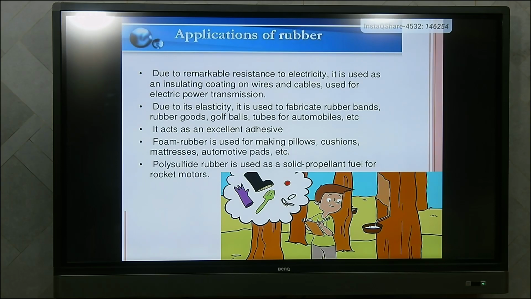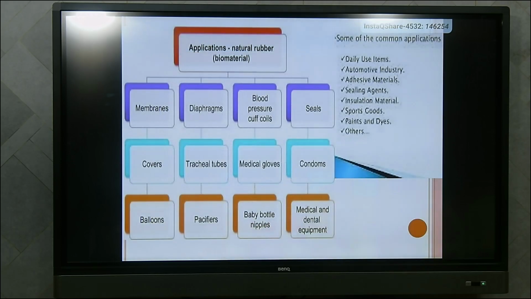For instance, foam rubber is used in making pillows, cushions, mattress, automotive pads, which actually replaces the usage of cotton. And due to its elasticity, it is used in golf balls and in tubes of some automobiles. It is used as a solid propellant fuels in rocket motors. And here are some other extended and updated applications of your rubber.